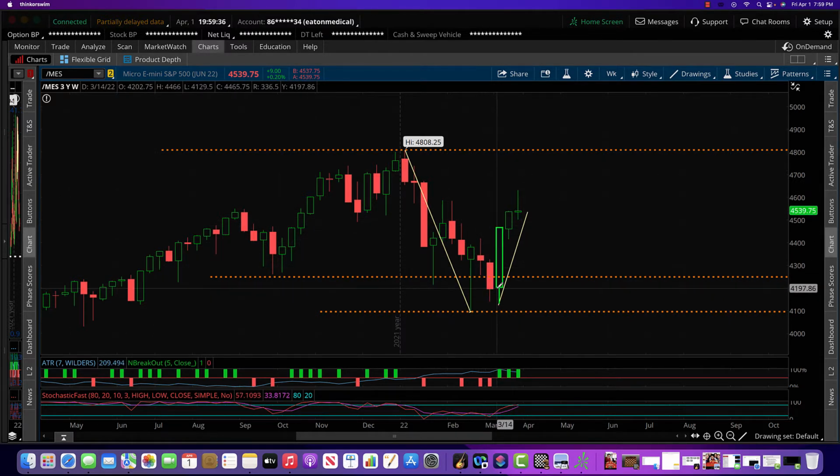Over 1, 2, 3 weeks, we basically moved from this low to this high, 508 points, or 12.3%. That's a good move within a relatively short amount of time. Very good move. This week, we closed higher, and that was a 129 point move.